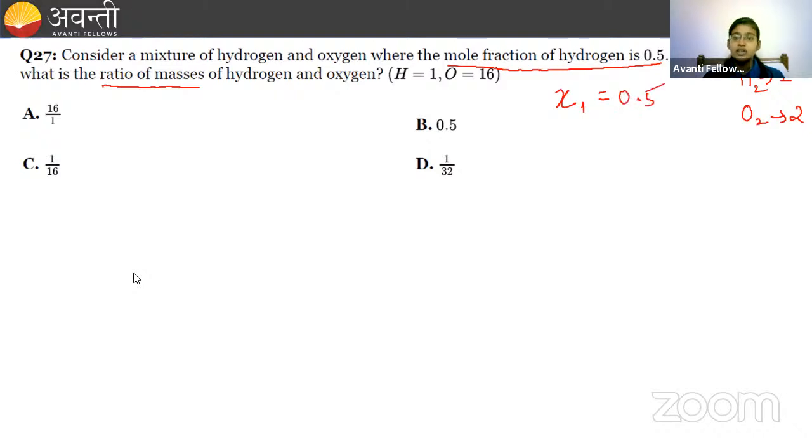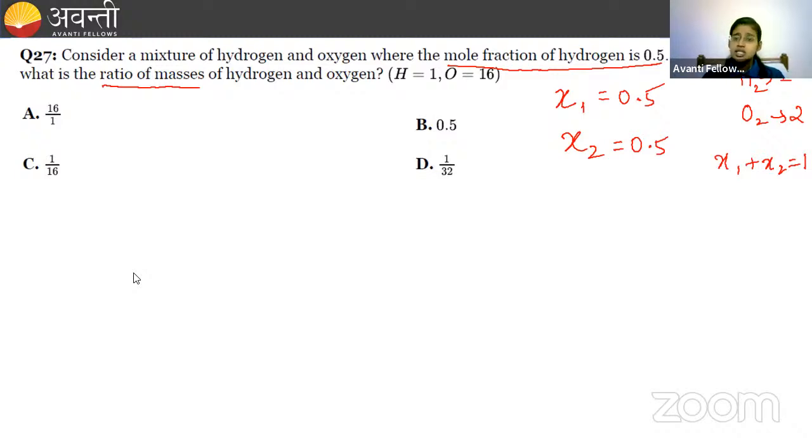And we all know that sum of the mole fraction will be equal to 1, right? So x1 plus x2 should be equal to 1. So here x1 is 0.5, then x2 is obviously 0.5 again. So x2 is also 0.5. Then only if we sum up these two values, we will get 1.